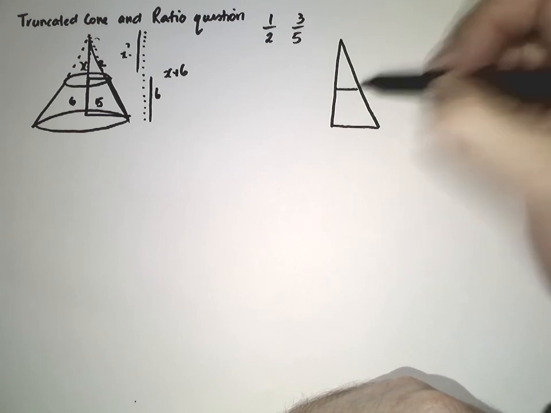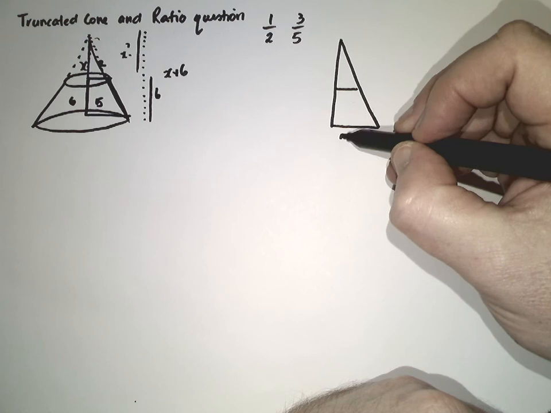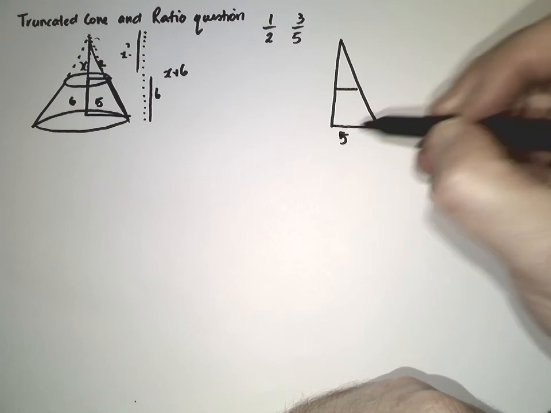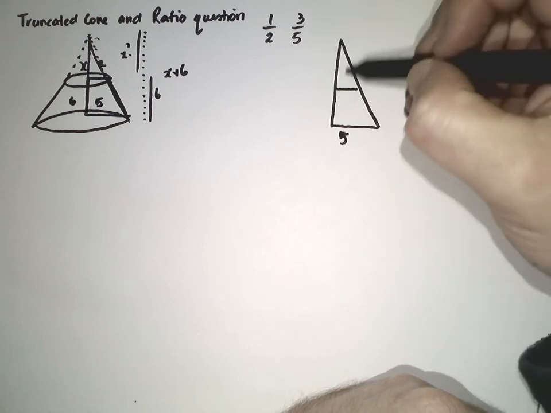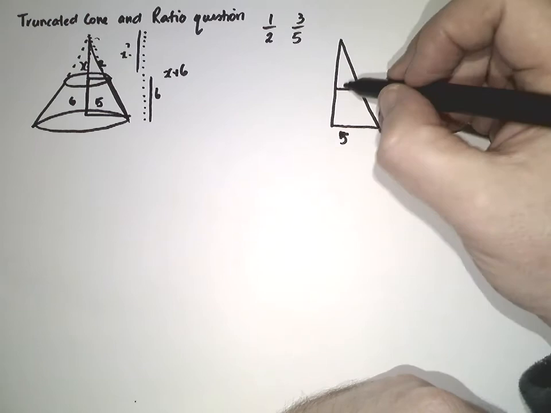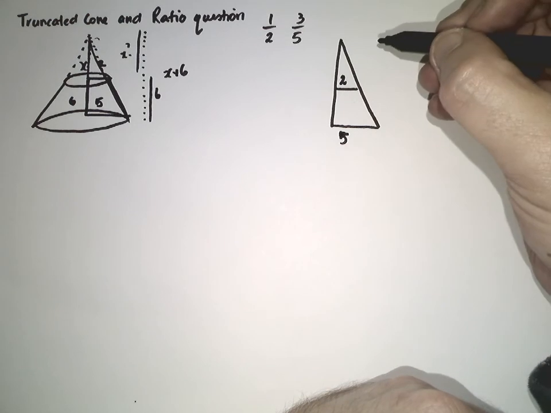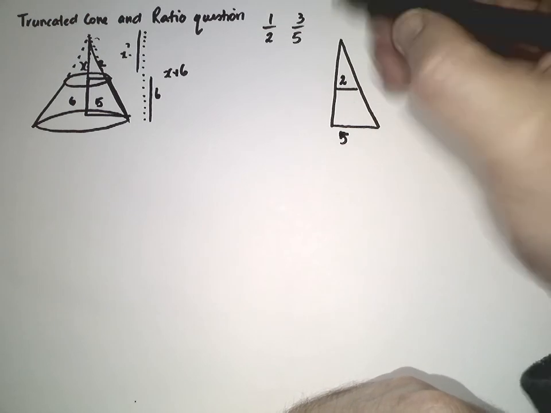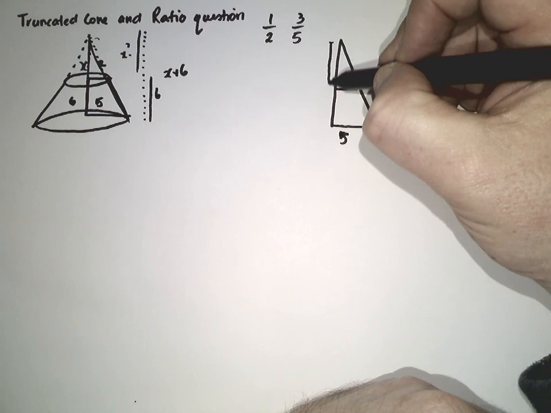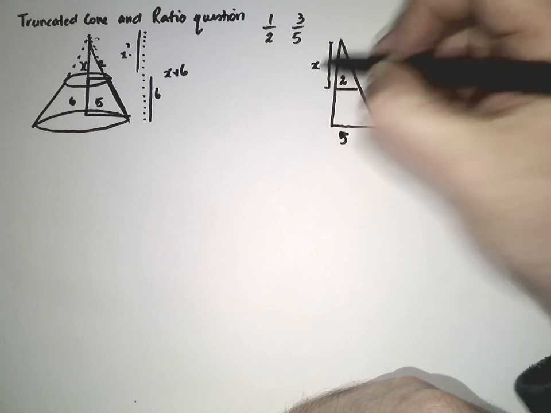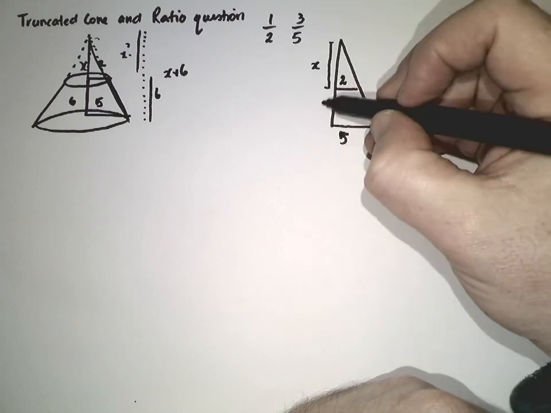And I've got some measurements that I can put on it. I know that this is 5, because that's the radius. I know that the radius here on this shape was 2 from our original question. I know that from here to here is X. I know this bit is 6.